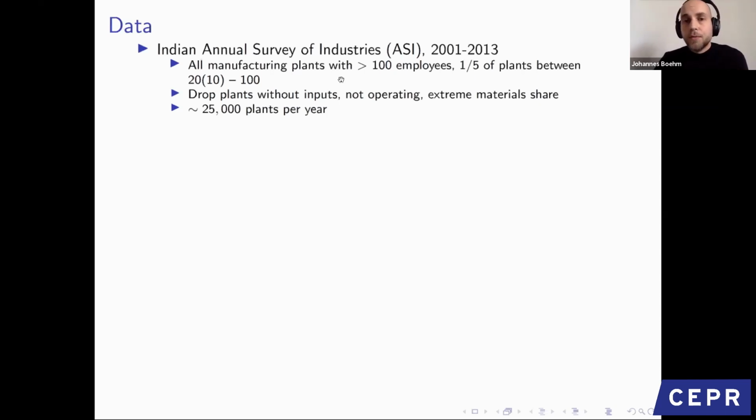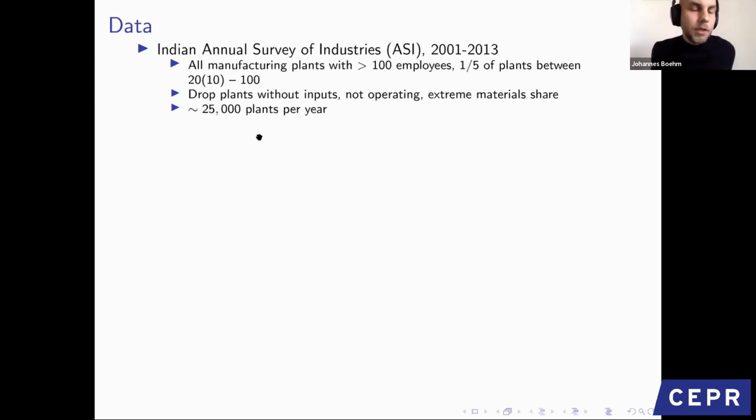It's a census of all plants that have at least 100 employees, and for all the plants between 20 and 100, or 10 and 100 if they use power, we have in every year about a fifth of all plants. We're going to drop all plants that are not reporting any intermediate inputs, that are not reporting as operating, or that have insane material shares, which happens because it's microdata. Right? So that leaves us with about 25,000 plants per year.